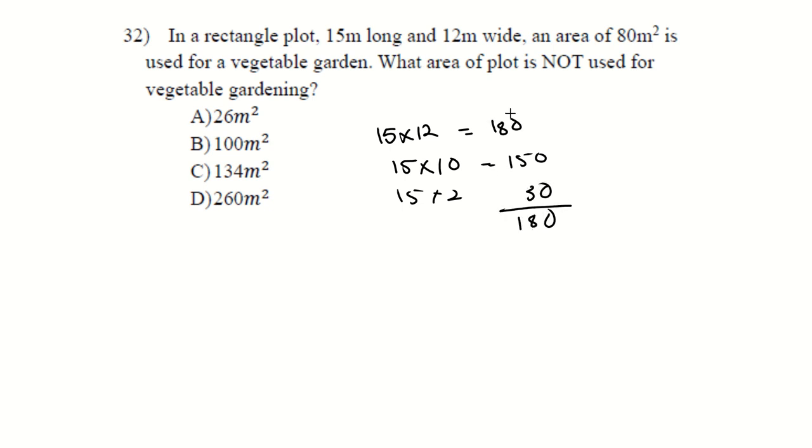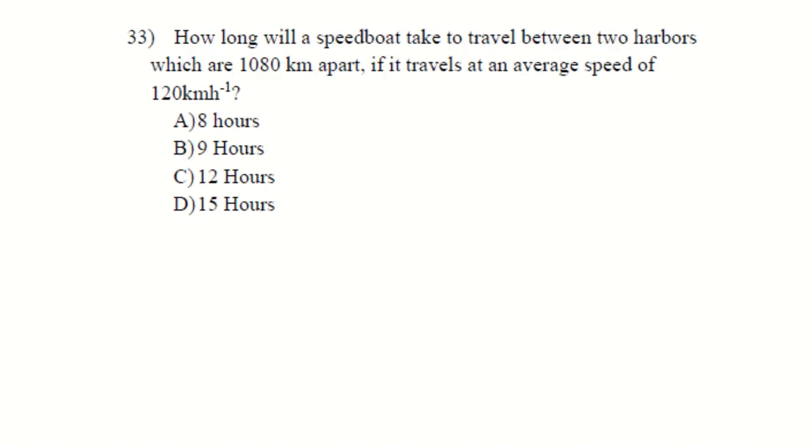So this is 180, and 80 is used for vegetables. What is not used? So not used would be 180 minus 80, which equals 100 meters squared. So B.